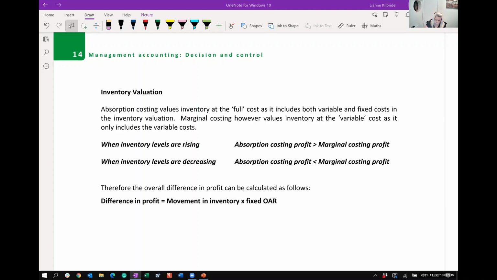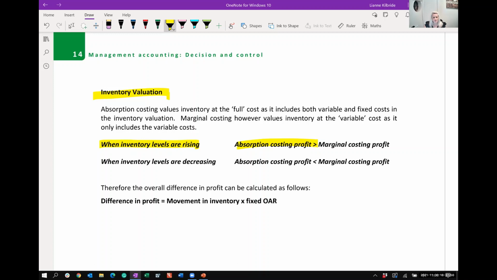In terms of inventory valuation, this is just an extra revision tool. You should know this by now because you should have had the course. When your inventory levels are rising, the profit generated using absorption costing is higher than with marginal costing, purely because when you work out the budget overhead absorption rate, using absorption costing you are only accounting for the cost of a unit for the units that you have sold.